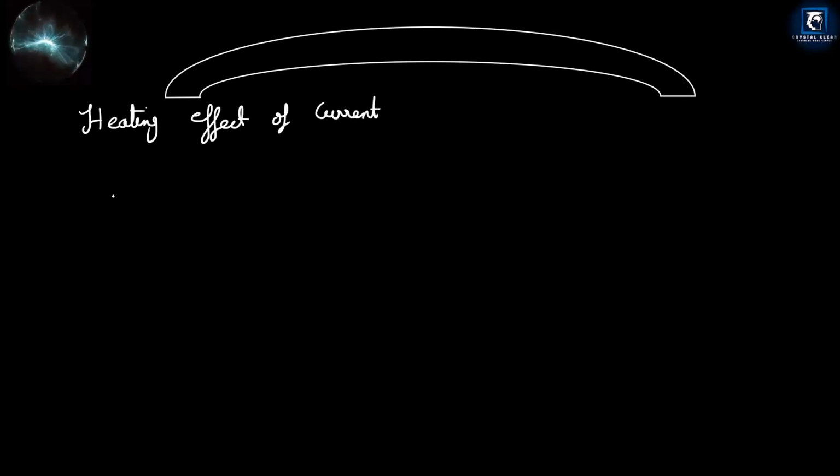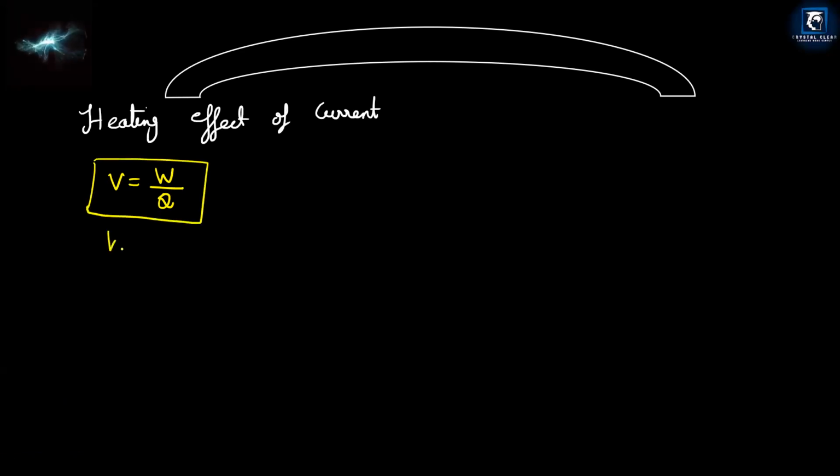The very important formula for this is potential difference V is equal to W by Q. Potential difference is nothing but the work done to move the charge from one point to another point. So this is the important formula. And now I can write W is equal to V into Q also. And we all know when the work is done, heat is generated. So W is equal to H.